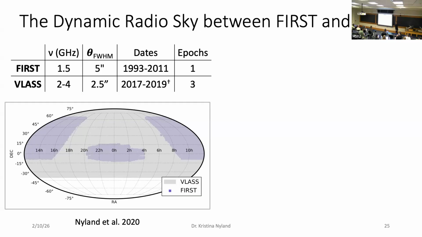Comparing the two surveys, they're similar in frequency and similar in resolution, but a really key thing to focus on here is the dates. FIRST was observed 15 to 20 years ago, and VLASS Epoch 1 started in 2017.